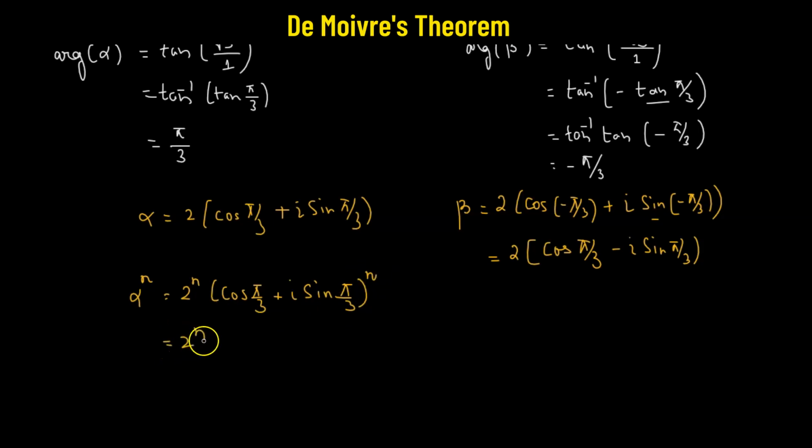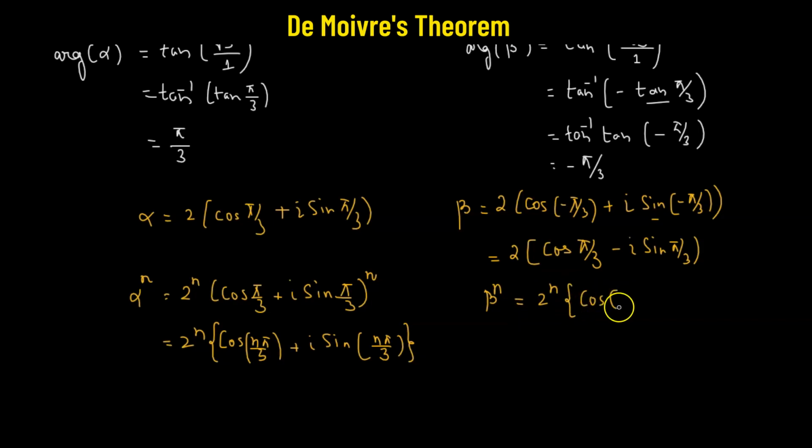So we can use De Moivre's theorem, which gives us the value cosine of n pi over 3 plus iota times sine of n pi over 3. Similarly, for beta raised to the power of n, we will have 2 raised to the power of n multiplied by cosine of n pi over 3 minus iota times sine of n pi over 3.